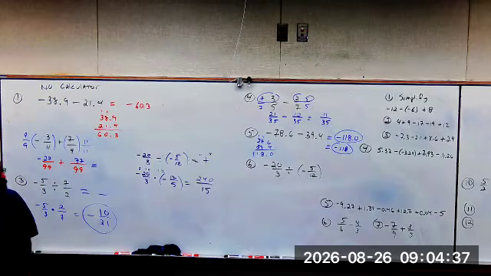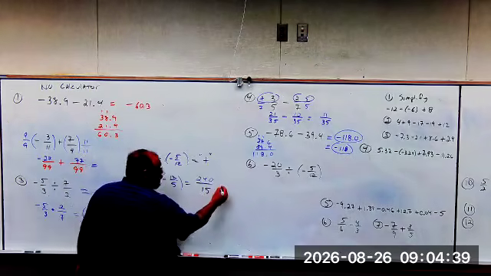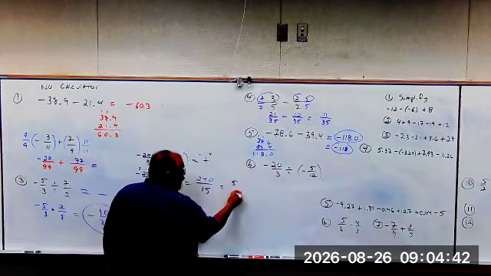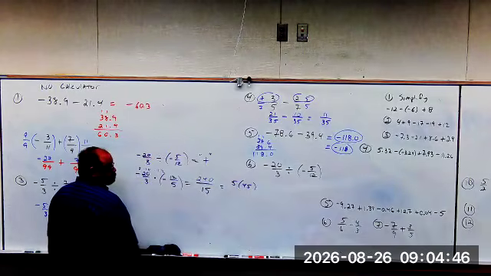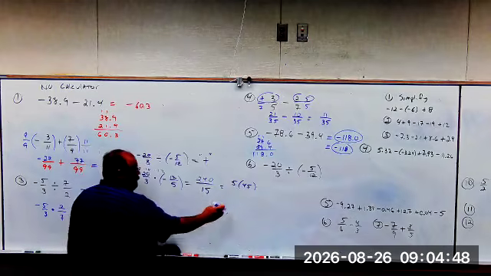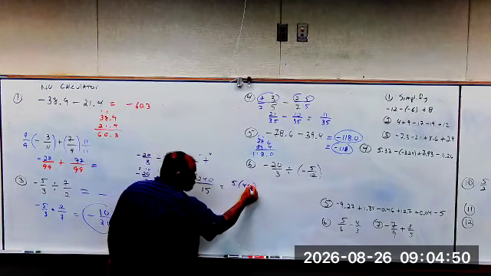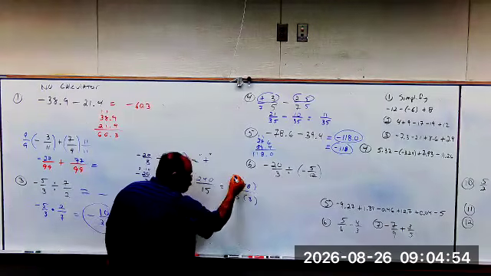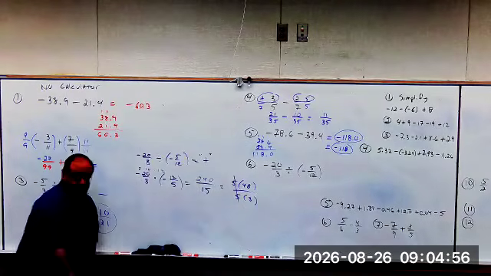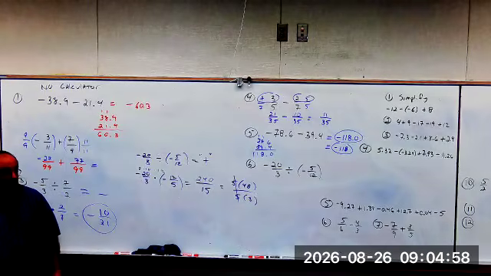So it can be reduced. So this would be 5 times 48, the denominator would be 5 times 3, and now you're looking at 48 over 3.